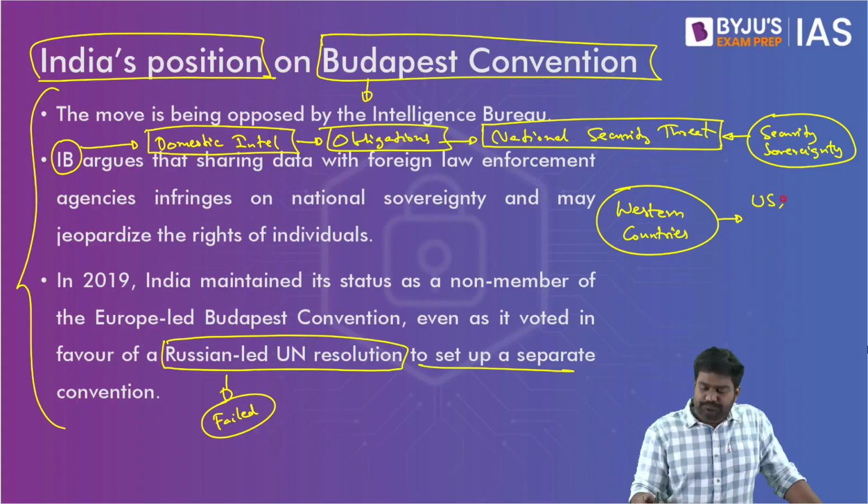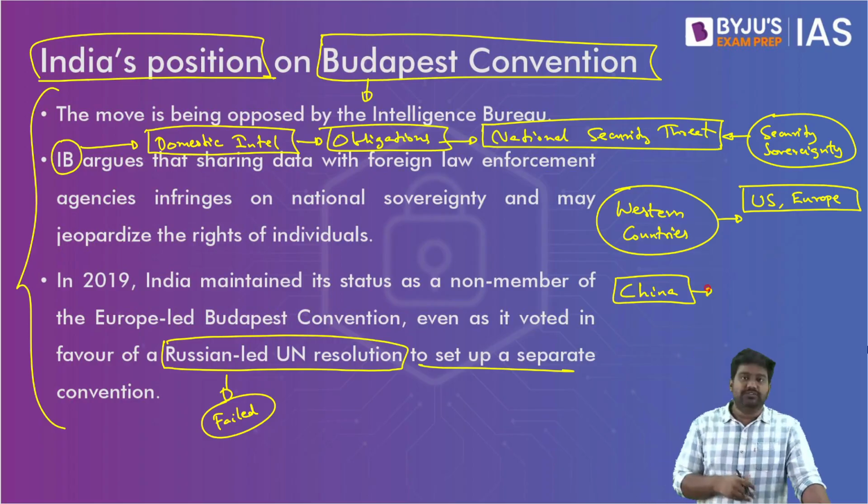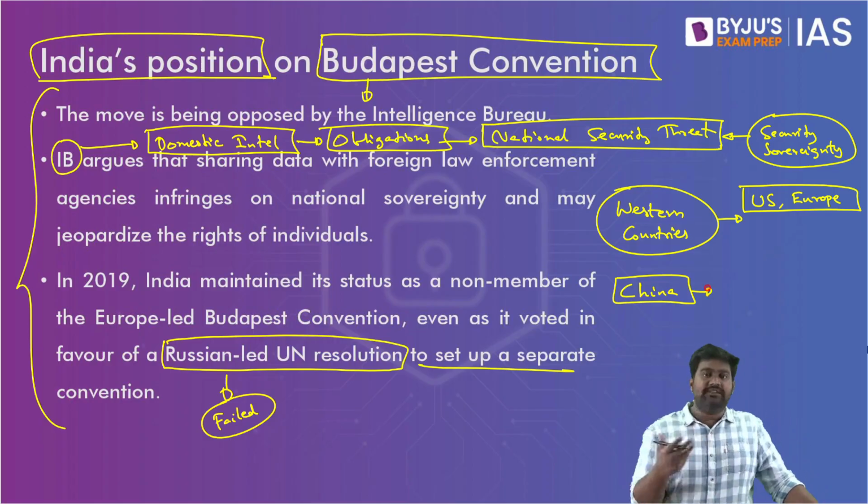The US and European countries. Similarly, China, through its various companies which have global domination like Huawei, ZTE and others, also has a disproportionate control on the internet. Western countries even have intelligence initiatives like the Five Eyes Alliance.